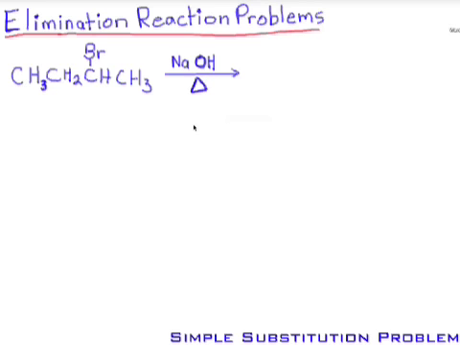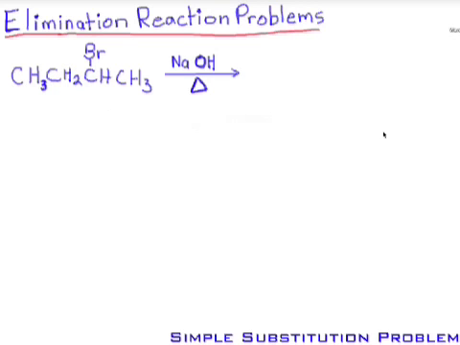In this case, E2, which requires antiperiplanar elimination, because I have not restricted the chirality, I have not shown the three-dimensional structure, and there's no ring structure to hinder conformational change, I may assume that the methyls and the ethyl groups are free to rotate and undergo conformational change so as to get H's anti to the bromine.